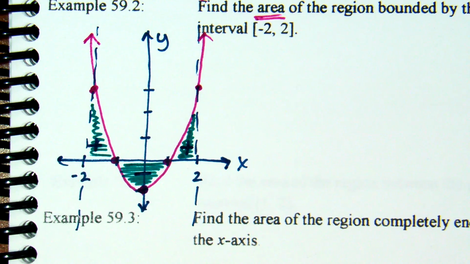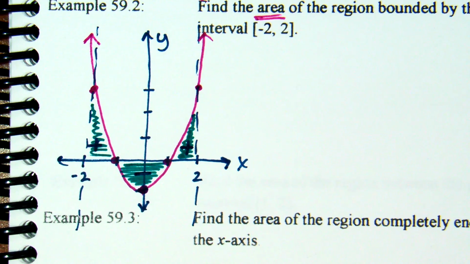So, the original integral in my brain is from negative 2 to 2 of x squared minus 1 dx. But if we do that as is, we won't get the right answer. Because we'll have the two positive sections and the math will automatically subtract the section below.